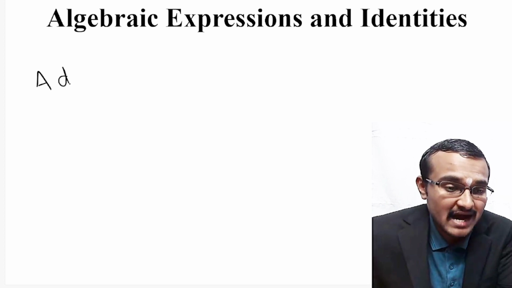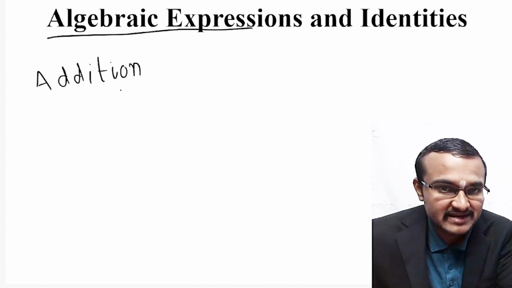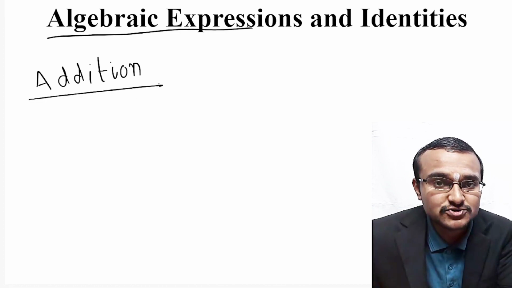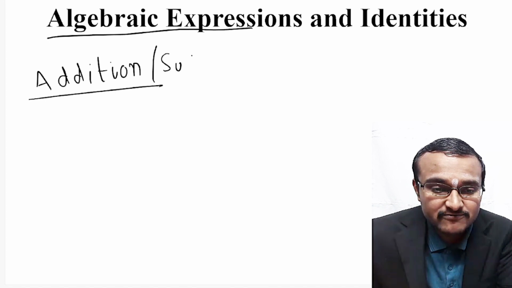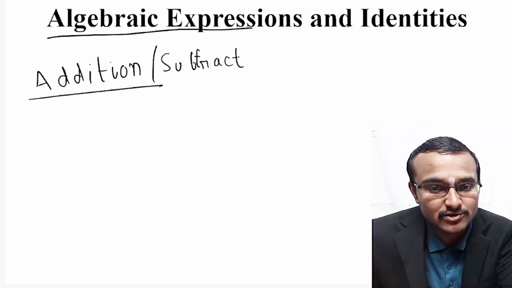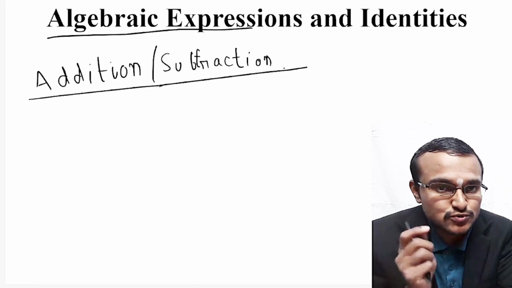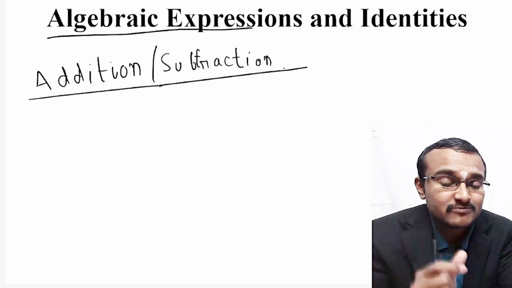So now coming to addition of polynomials or addition of monomials or binomials, or addition of algebraic expressions in general, you should always remember that whenever you perform addition or subtraction between any kind of polynomials or algebraic expressions, the variables of those two particular terms should be the same.